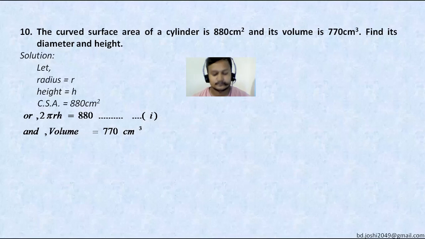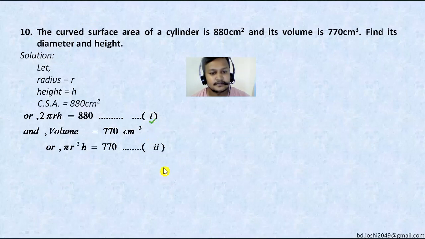Pi r square h. Pi r square h is equal to 770. This is equation second. Now to solve these two equations, as we divided equation first by second or second by first in the chapter of compound interest, do a similar process here also.